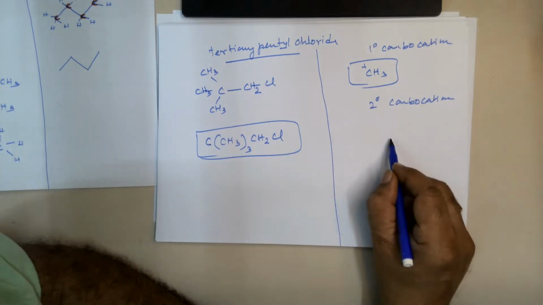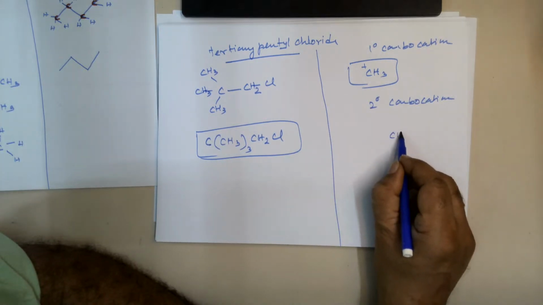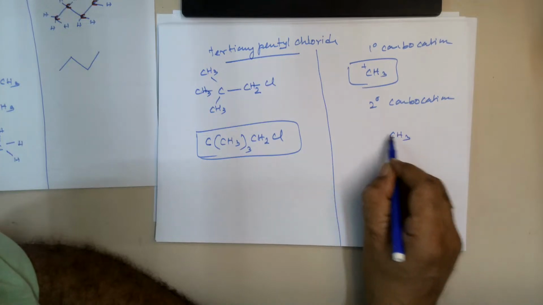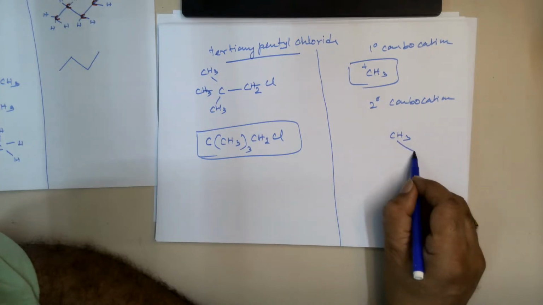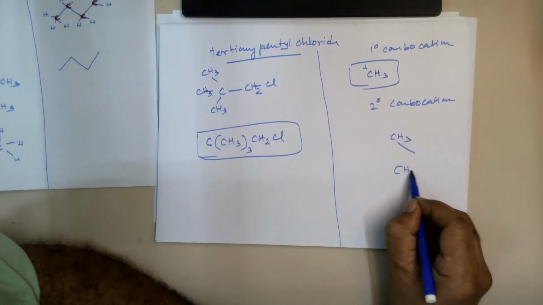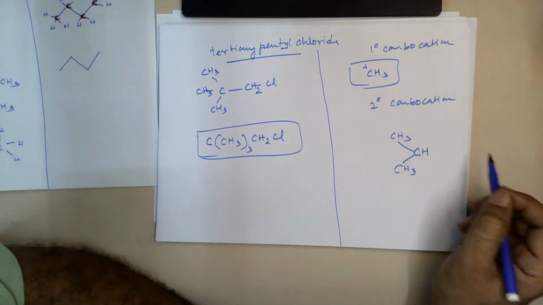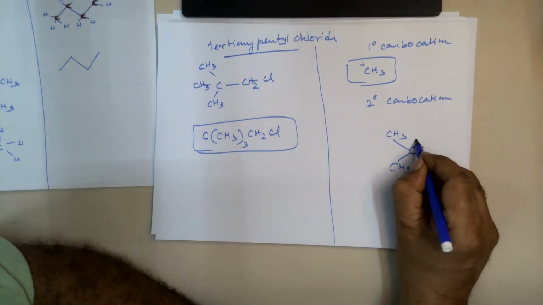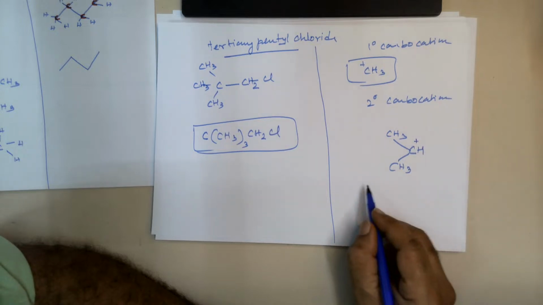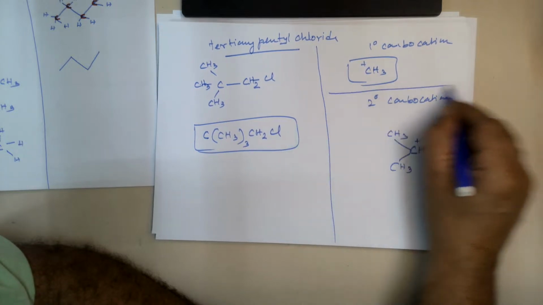So it can be CH3 twice, CH, and you can put plus here. So this is called secondary carbocation.